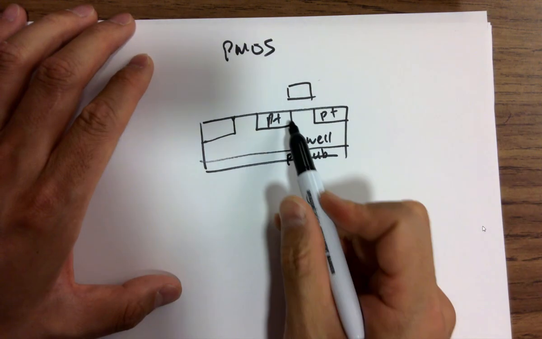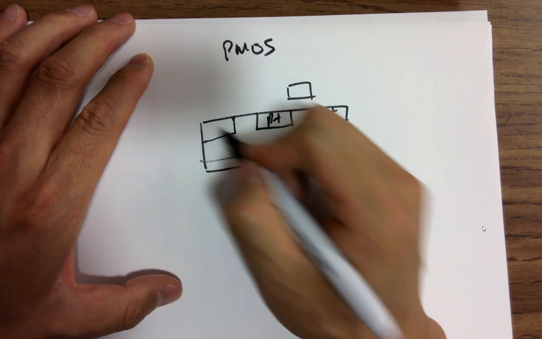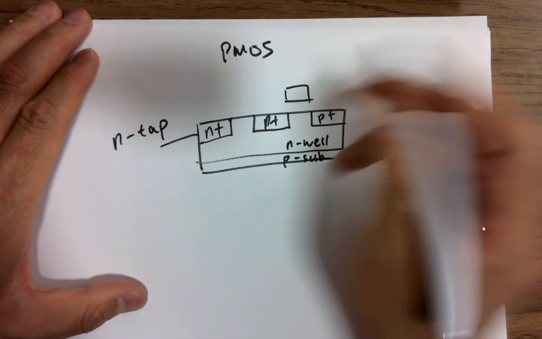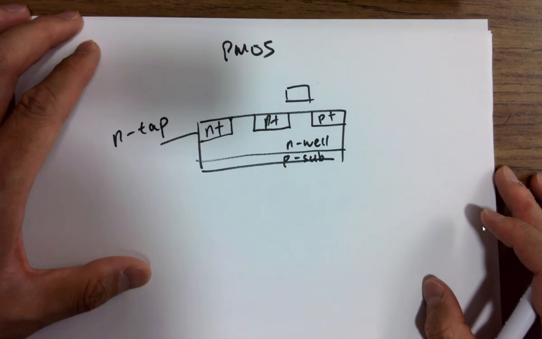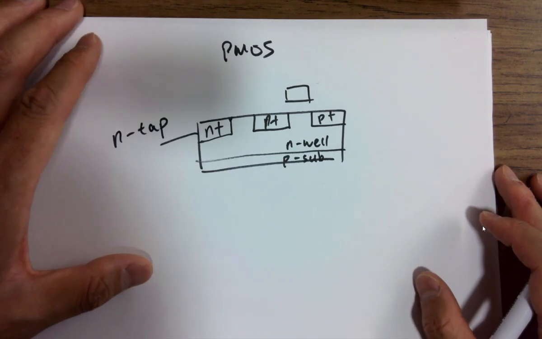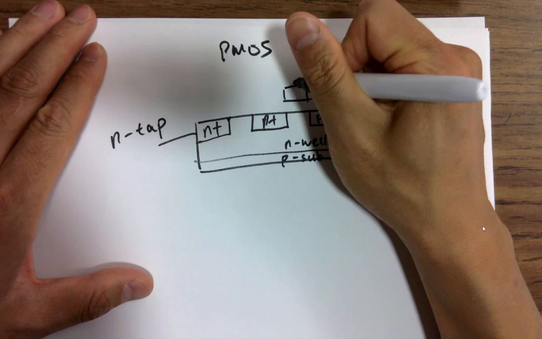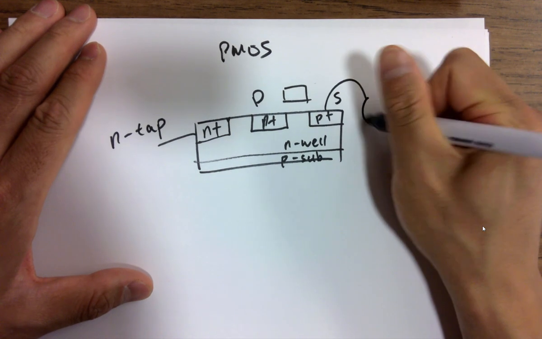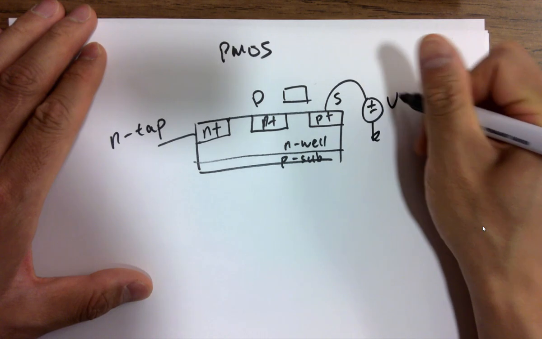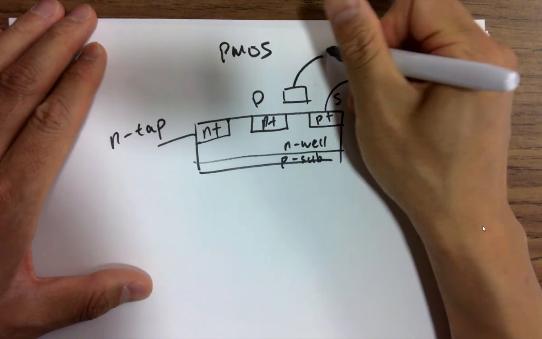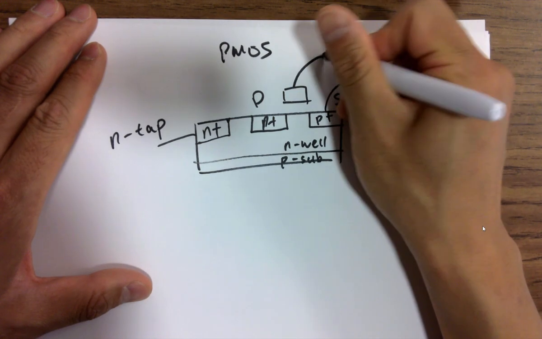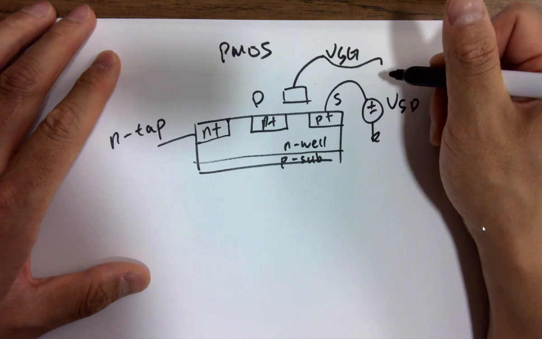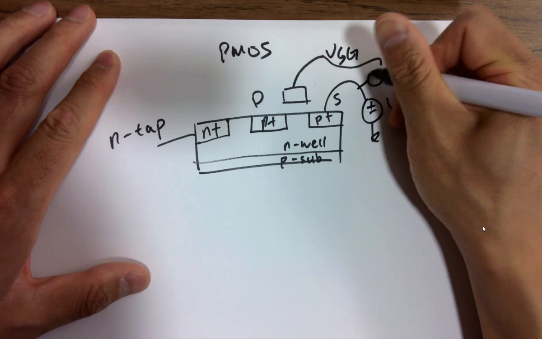PMOSs are put in N well, and we need a little N plus over here, called the N tap, to avoid body effect. This is source, this is drain, and we give a positive voltage over here called VSD, and here is called VSG. VSG is basically the S to G voltage difference.